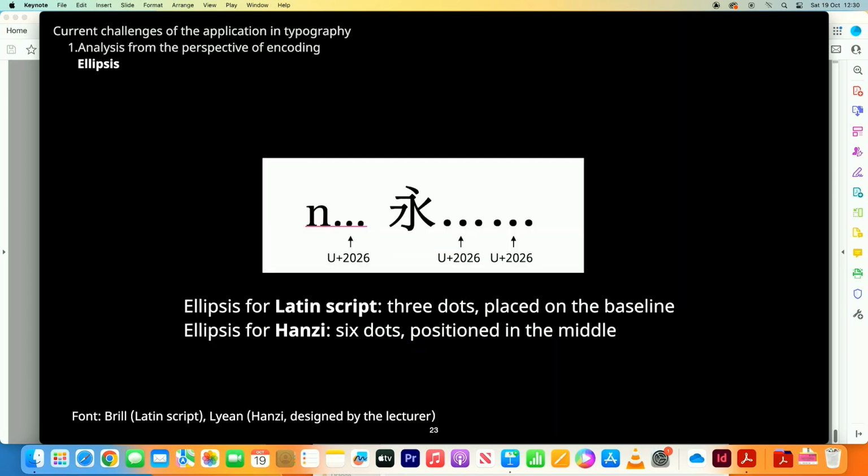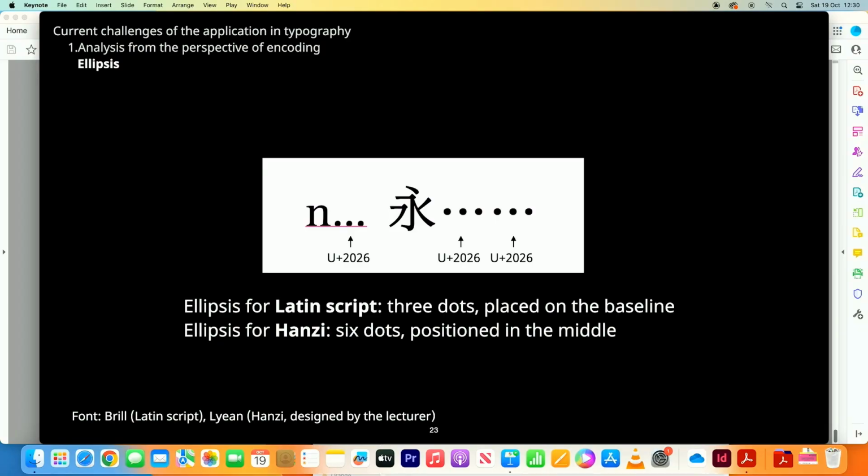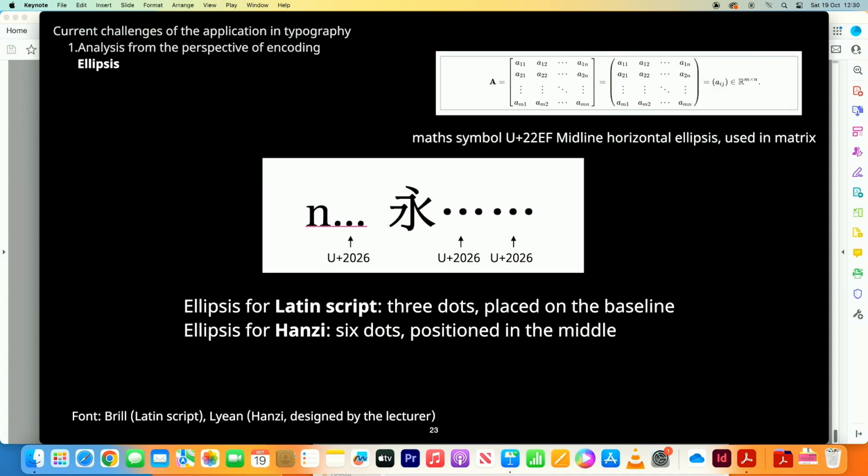So let's have a look at ellipses first. The position of Latin script ellipsis is on the baseline and has 3 dots, but for Hanzi we have 6 dots and the position is in the middle. Unicode 14.0 was aware of this issue of different position and suggests using this math symbol to replace the Latin ellipsis for Hanzi.